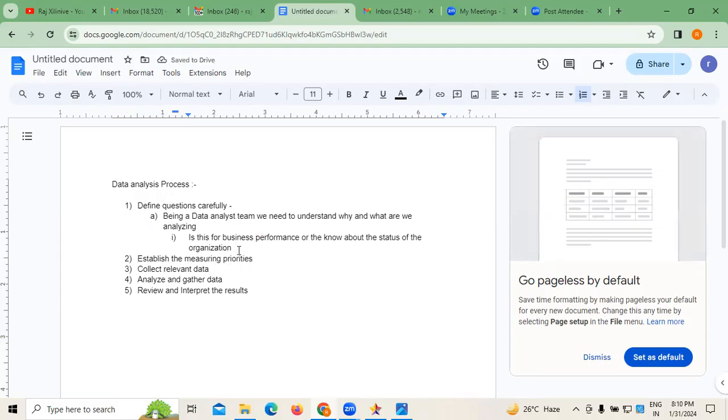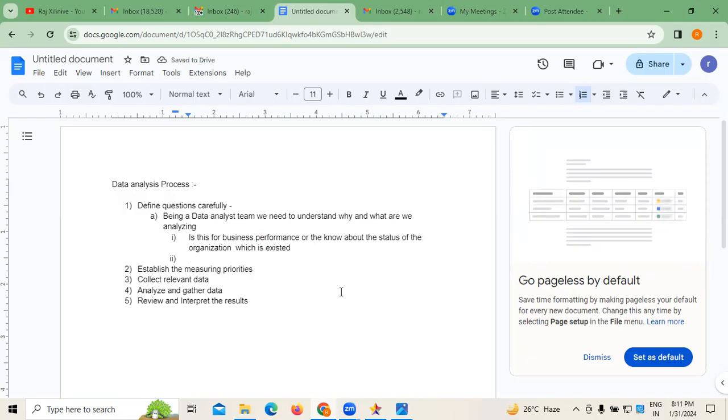So first of all, we should know, is this the business performance, or to know about the status of the organization which exists. Okay, this is the first question where we need to have an answer first, right? Being a business analyst, we need to define the questions.